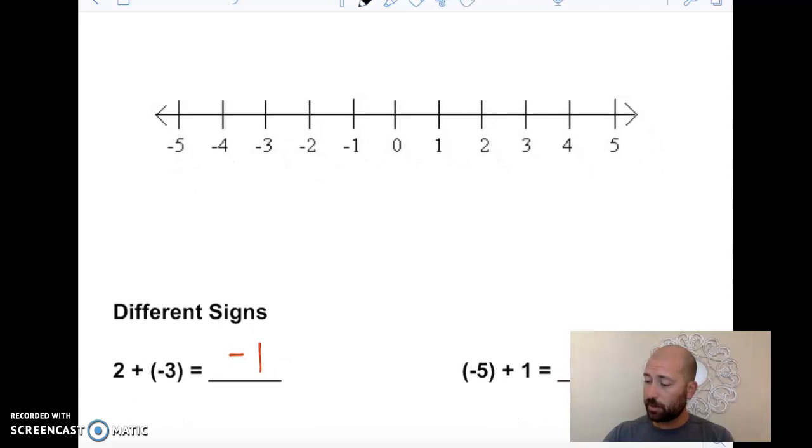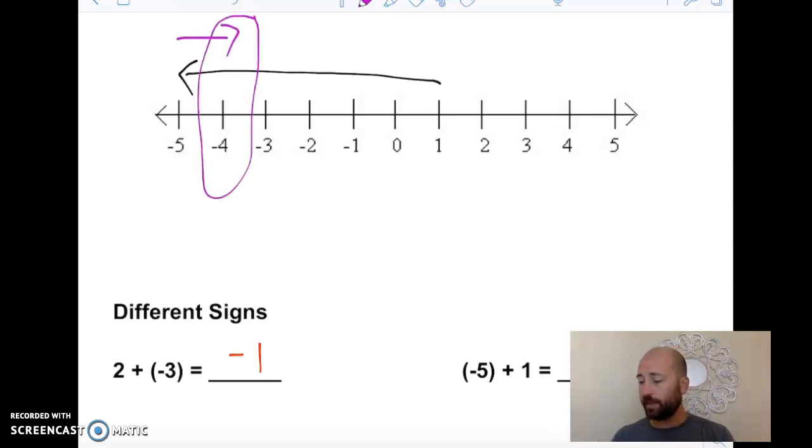So let me draw that arrow, -5 all the way there, plus a +1. So start at the end of the -5. I'm going to go to the right 1 unit, and that becomes -4. If I think of that again, if I'm 5 feet below the surface and I go up 1 foot, now I'm only 4 feet below the surface.